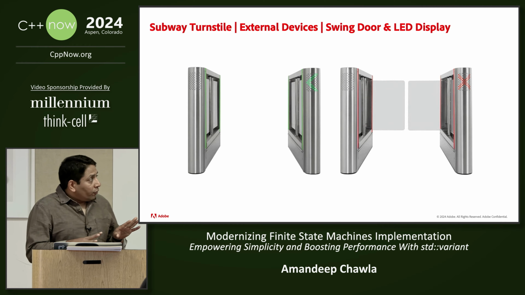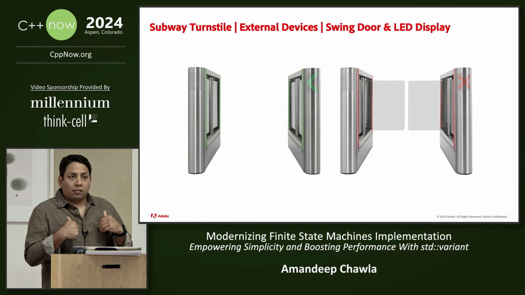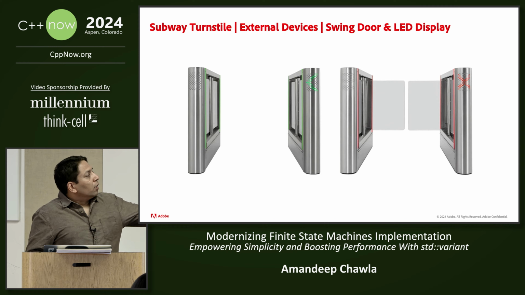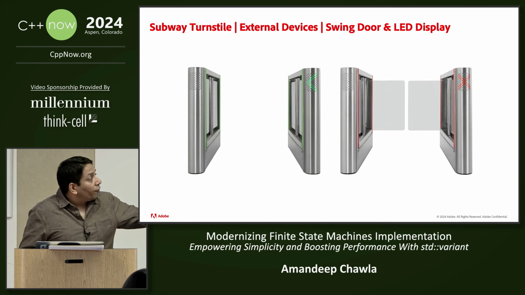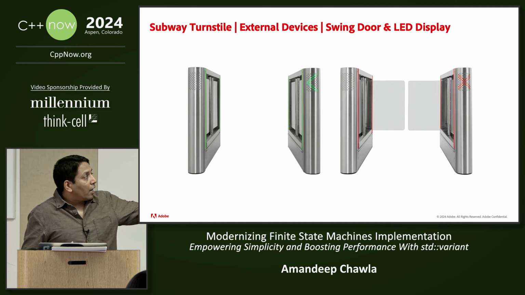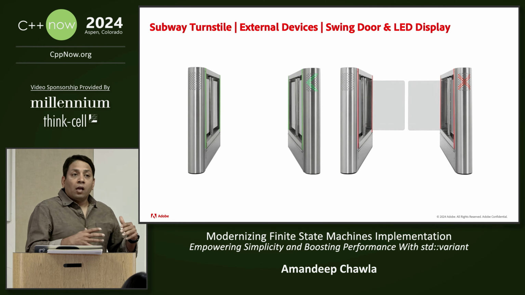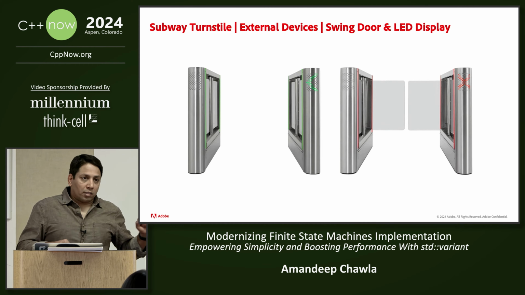Importantly, these 2 devices are synchronized by our finite state machine implementation. For example, if the door is closed, the LED shows a red cross. And when it is open, it shows a green arrow. So they are synchronized, but they don't have this logic in them. Our implementation will be controlling this aspect.